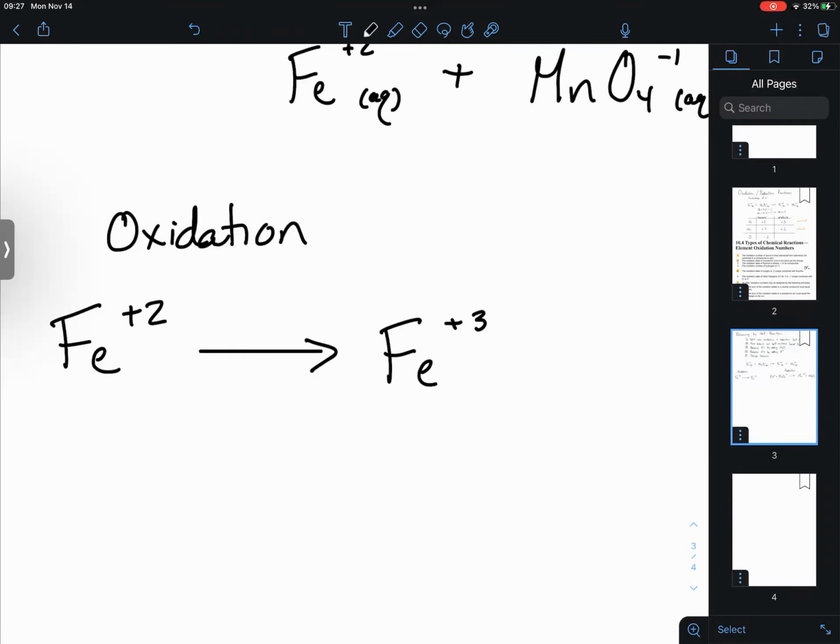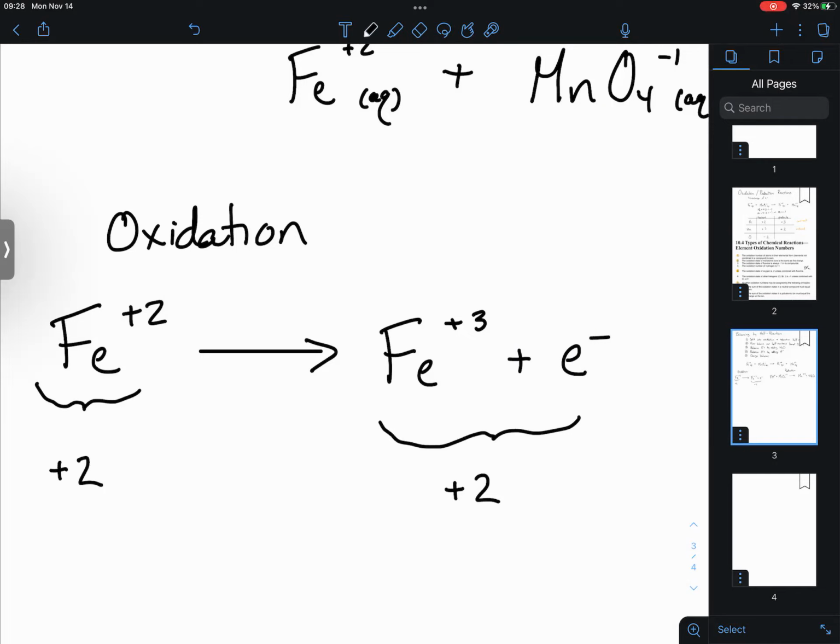I have this imbalance of my charges because on the one side, my net charge is +2, and on the other side, my net charge is +3. So in order to charge balance this equation, I'm going to add an electron to this side, because now the total net charge on this right-hand side, if I combine my +3 ion and that electron, is +2.